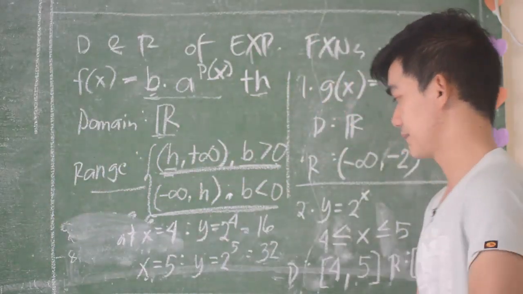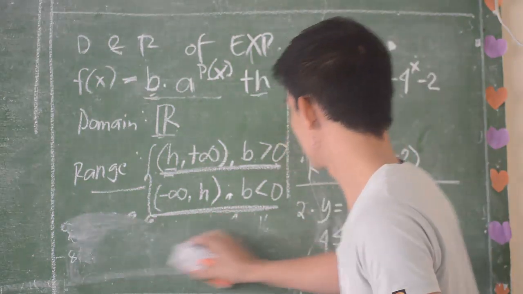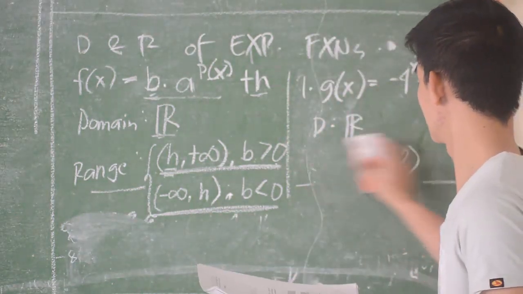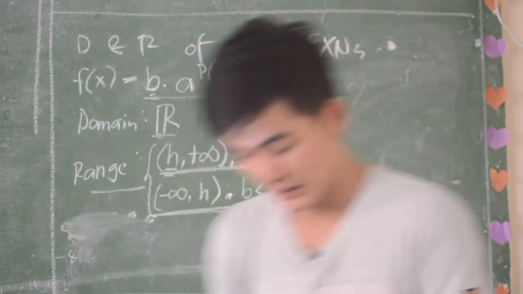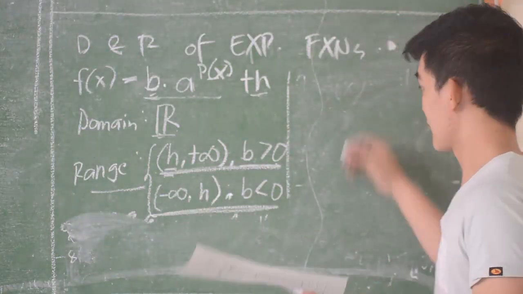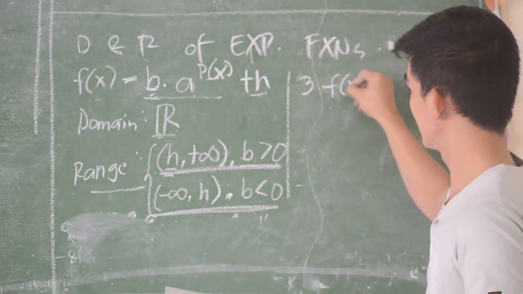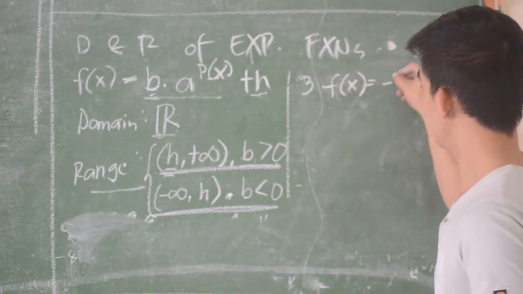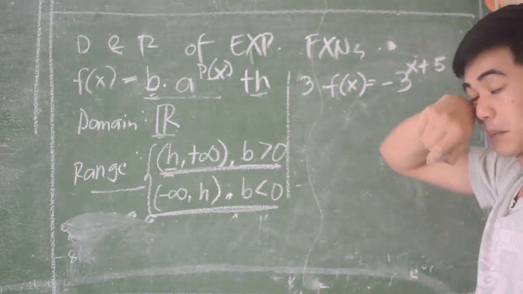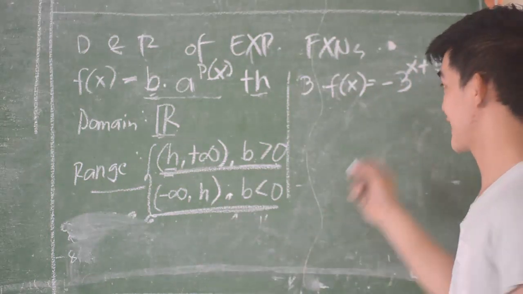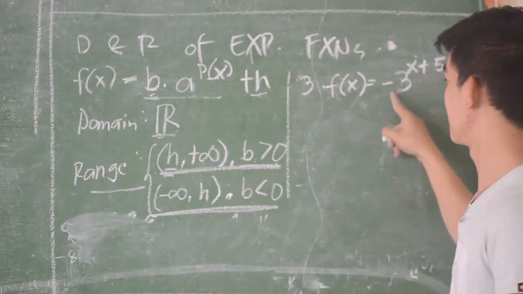Okay, last for this practice time. Last example for practice time, this is number 3, that is f of x is equal to negative 3 raised to x plus 5. Ito yung third sa page 6. So again, negative yan, walang katabi, no?